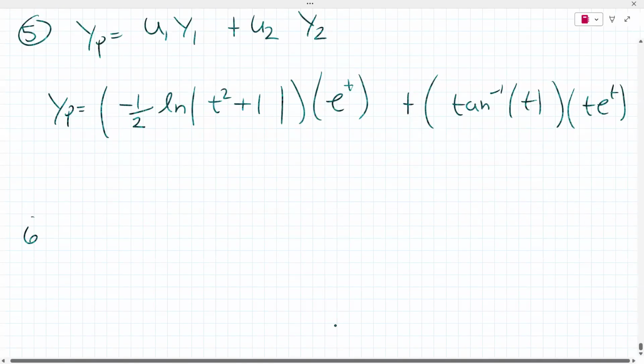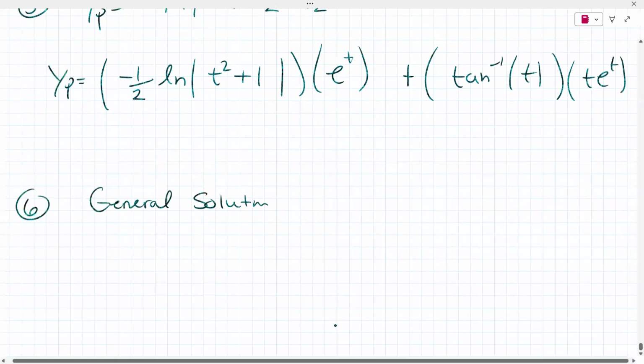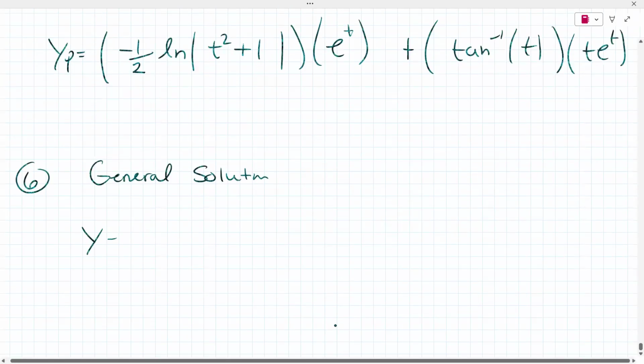And then my step 6 is find the general solution. The general solution is y equals yh plus yp.